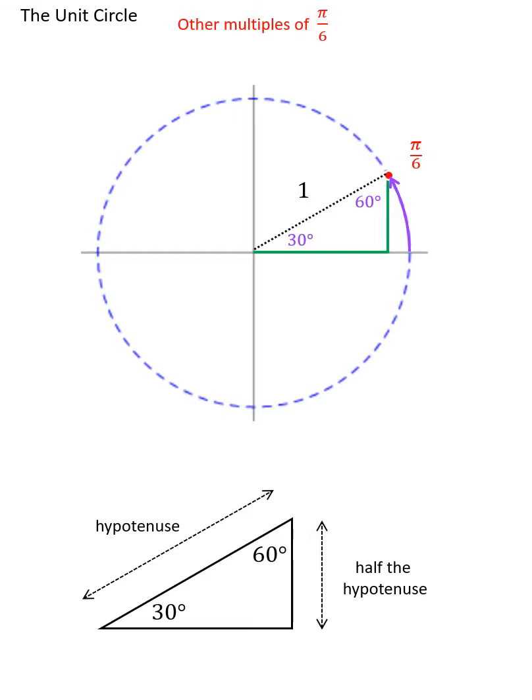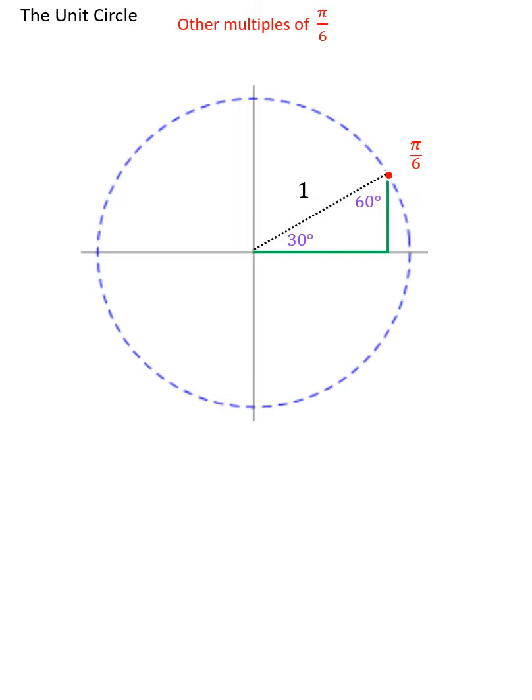This may seem very familiar to you, or it may seem like something you've never heard. So if you're hearing it for the first time, there it is. The leg opposite of the 30-degree angle in a right triangle is always half the hypotenuse, no matter what the hypotenuse is. That's just a fact.